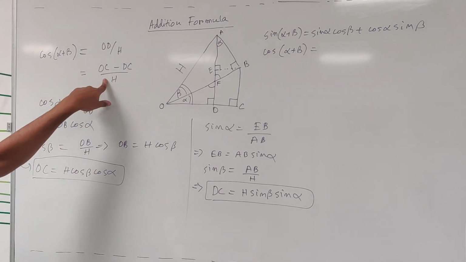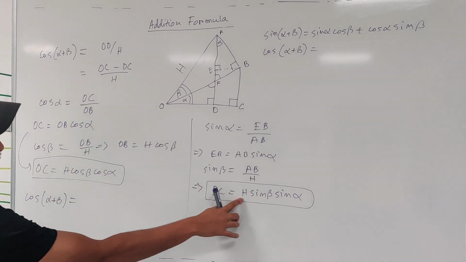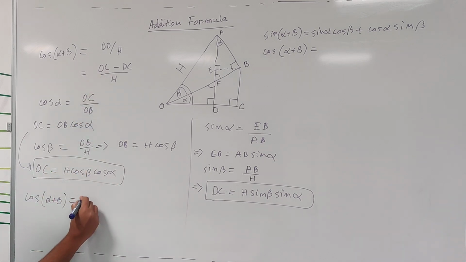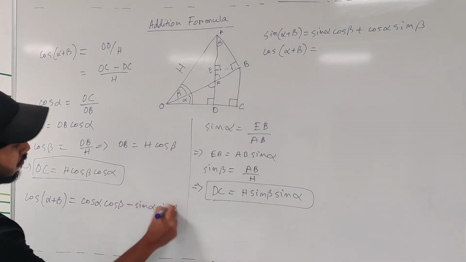Now we'll substitute here. Cos alpha plus beta will be equal to, H is there, so this H and this H will get cancelled. We'll have OC first, so cos alpha cos beta minus sine alpha sine beta.